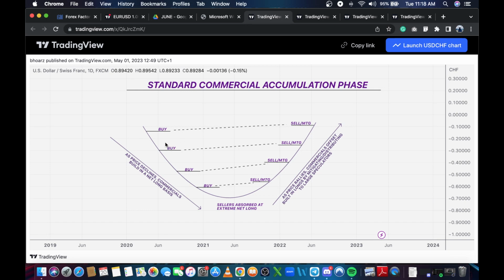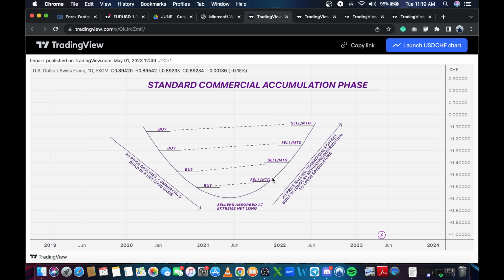Then there is a shift in order flow, and as the market starts to rally higher, they start to offset and distribute their previously bought positions to the funds who want to buy the new trend. So in a standard commercial accumulation phase, as the market runs lower, they engineer order flow by buying into each decline, and as the market runs higher, they continue to engineer order flow by offsetting their old bought positions through mitigation.